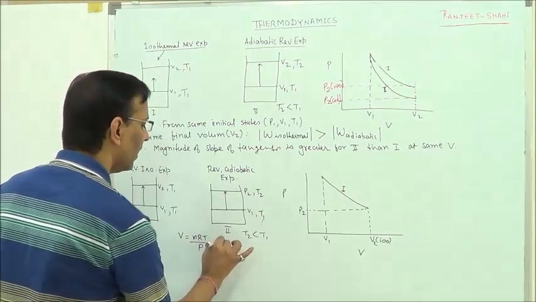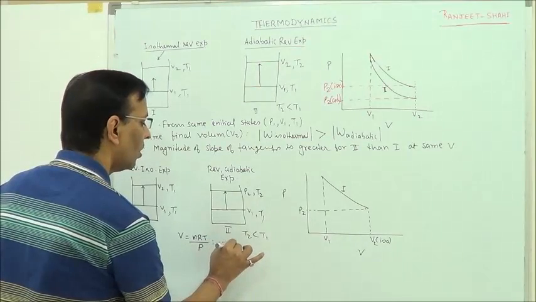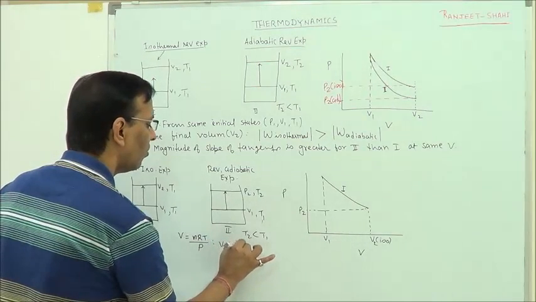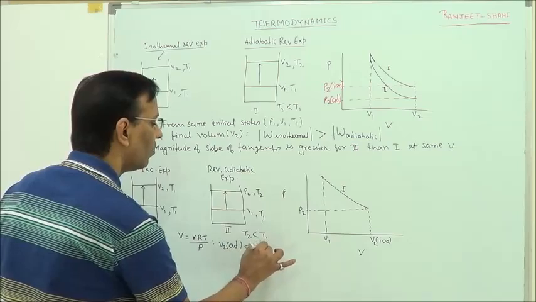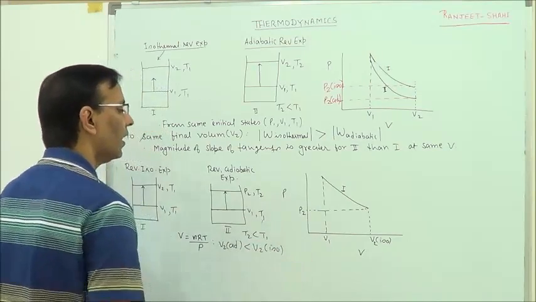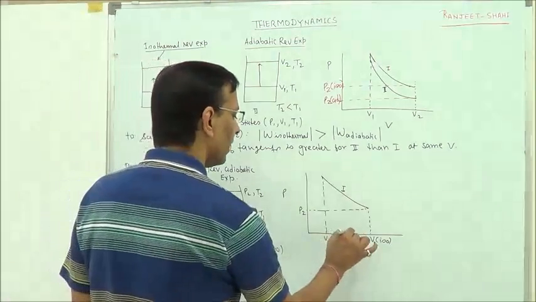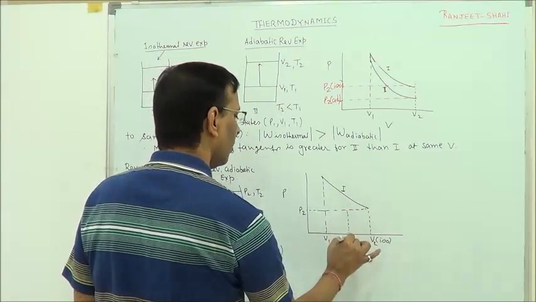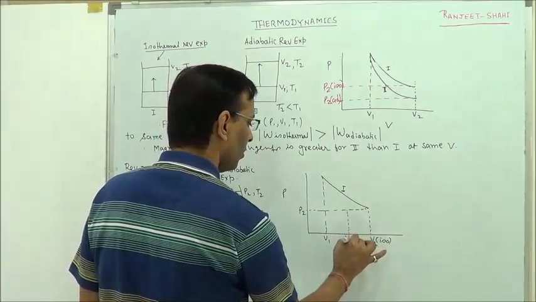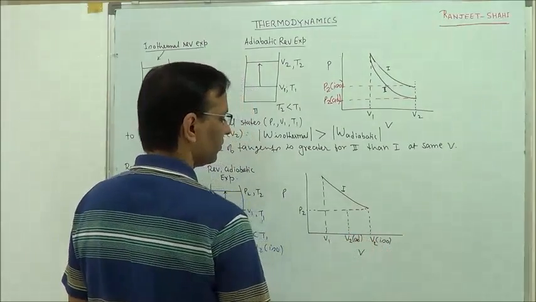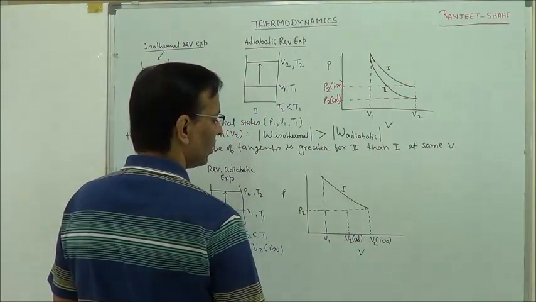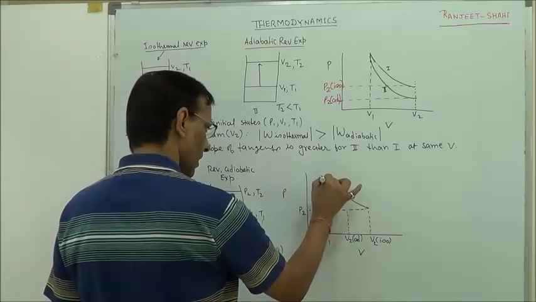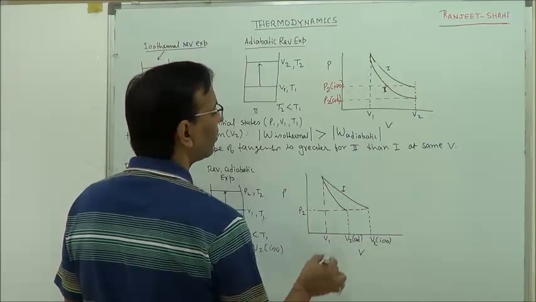So we can say that V2 adiabatic will be less than V2 isothermal, and that will be somewhere at this point. Let us call it V2 adiabatic. So now the adiabatic path will be like this.